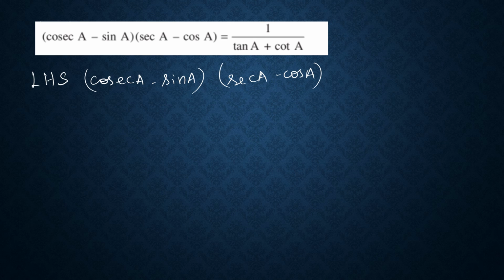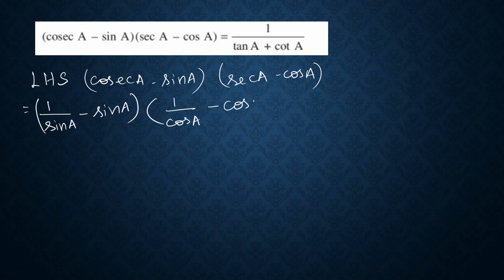Now what you have to do: cosecant A can be written as 1 by sin A minus sin A, into secant A can be written as 1 by cos A minus cos A. You have to take LCM. So sin A is your LCM.